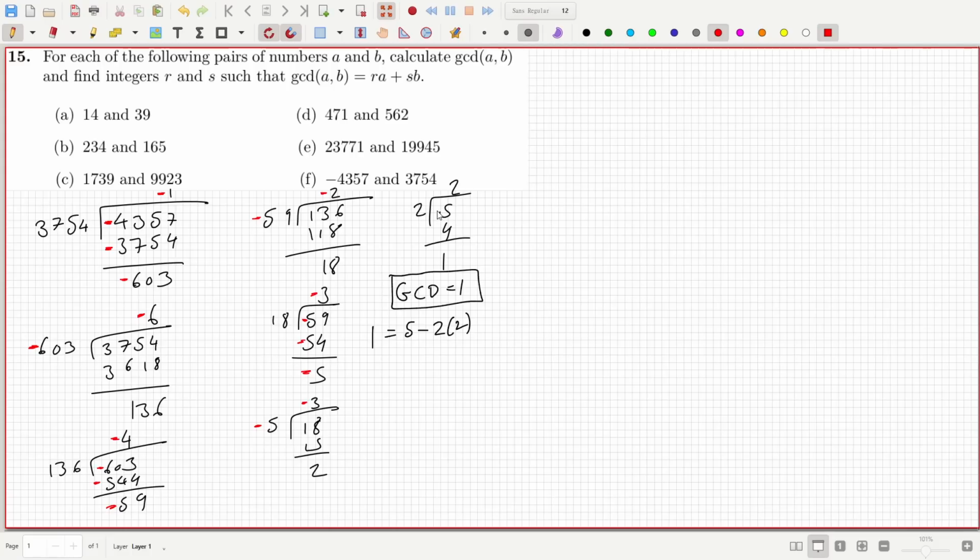So then that would be a minus. But the greatest common divisor is 1, because 1 is greater than -1. 1 divides into both.